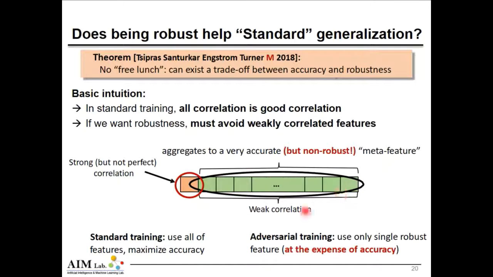If I aggregate them, they will be aggregated into a meaningful meta feature. In standard training, you will just use the meta feature to get essentially perfect classification. However, in the robust setting, you are not able to take advantage of these features, because even though they are very accurate on average, they are very easy to be manipulated by adversaries, because each one of them is only weakly correlated with the correct label.